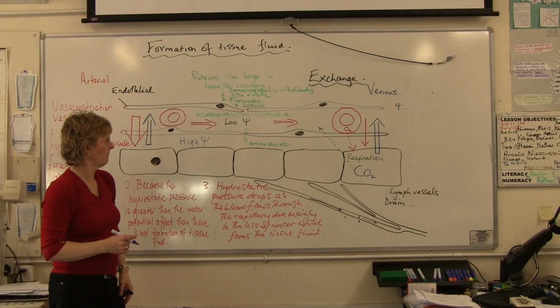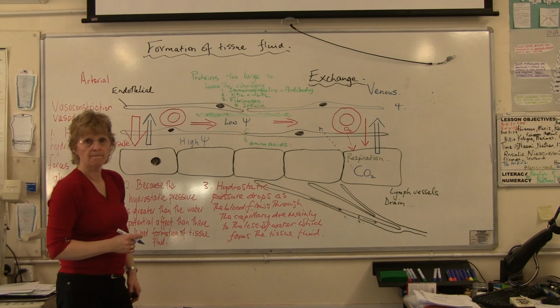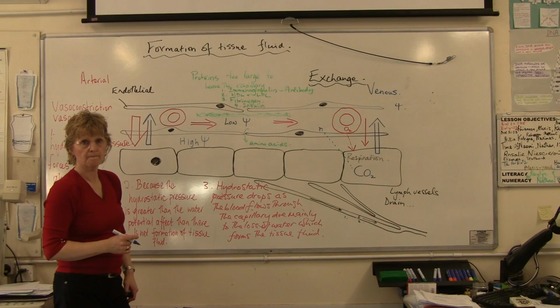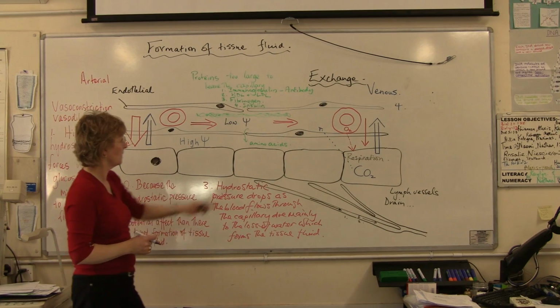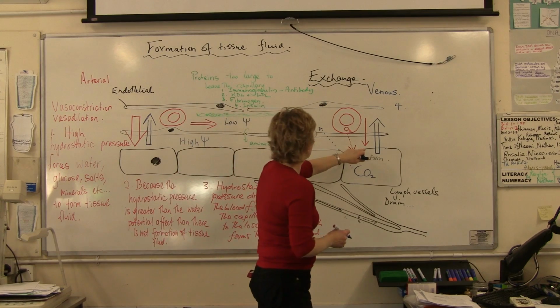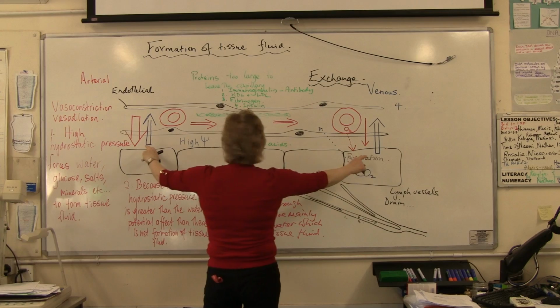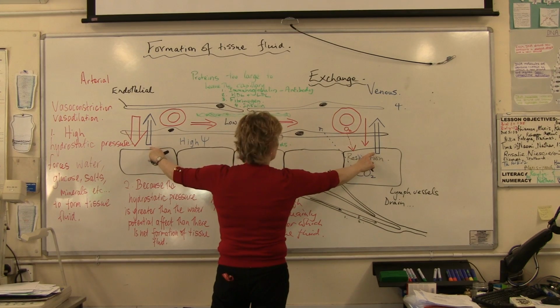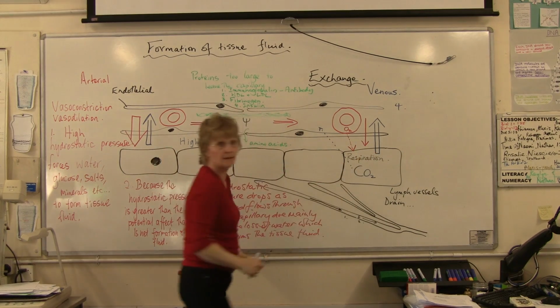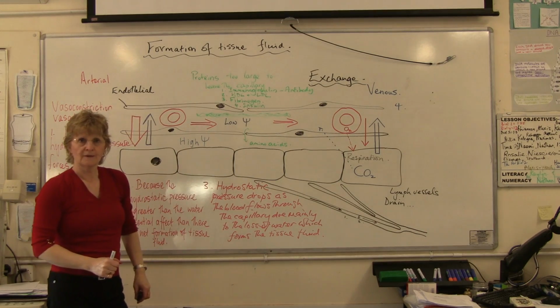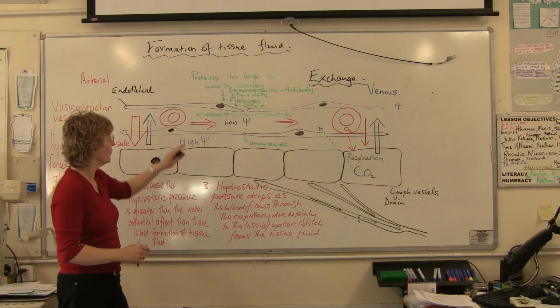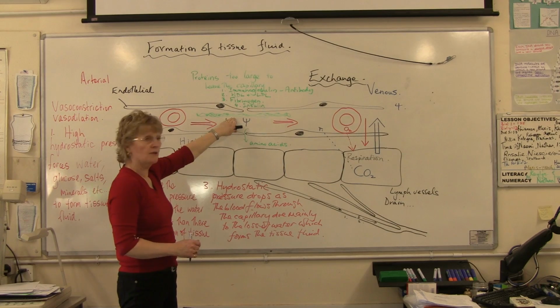I'm going to say, well, the blood has a very low water potential for a start. Does it? But when it gets to that end, well, my arrows show that it's about the same. Because all the proteins are still there.